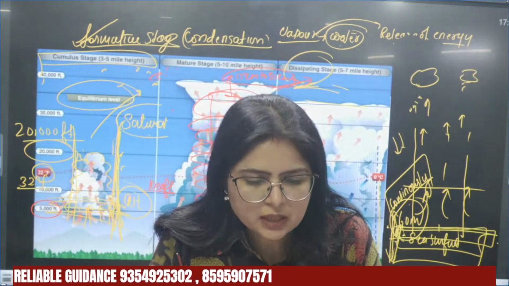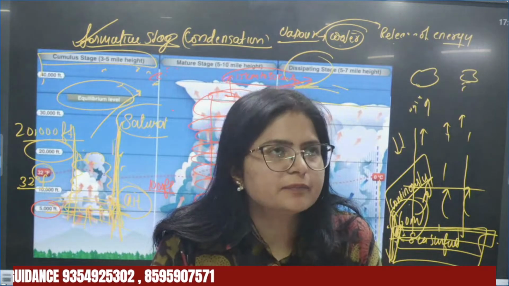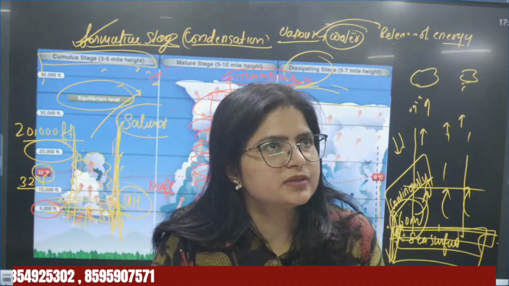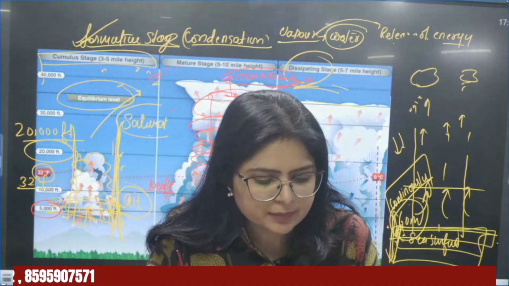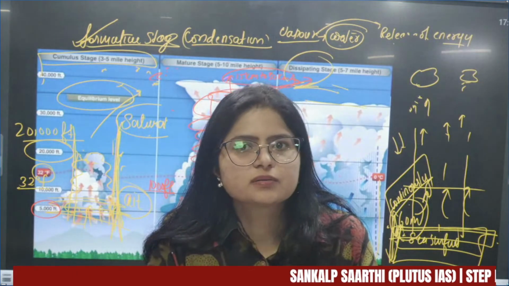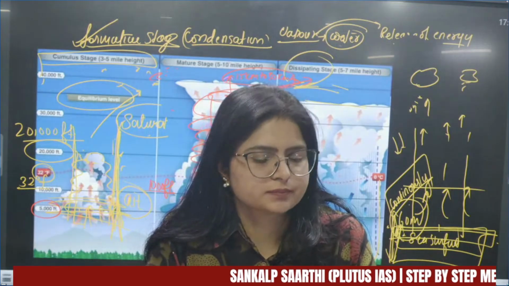Next, the updraft means the air which is going up. The updraft, UP and DRAFT, becomes stable when the air reaches the tropopause.